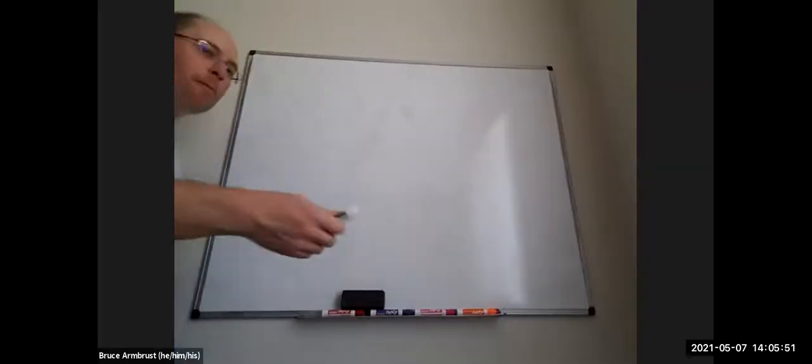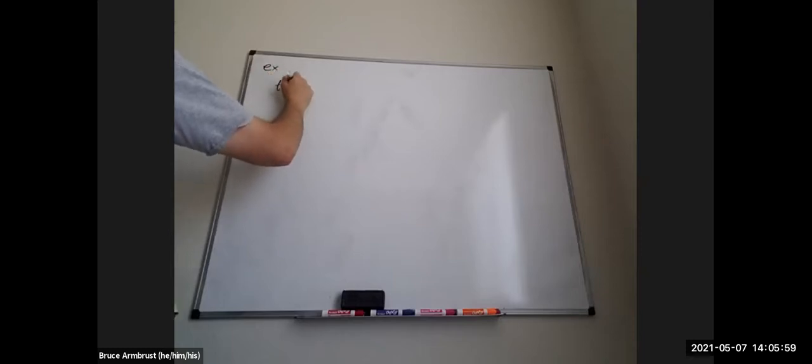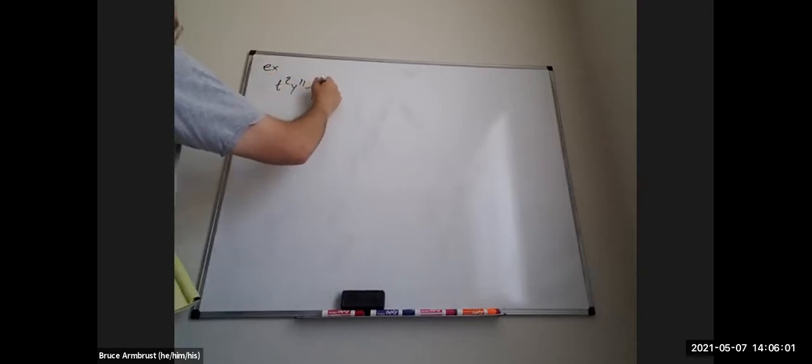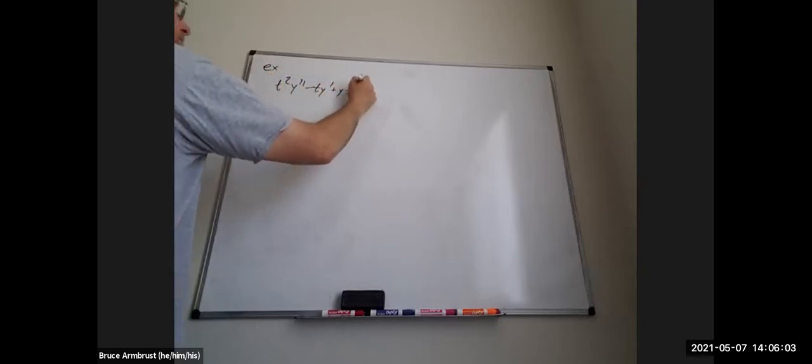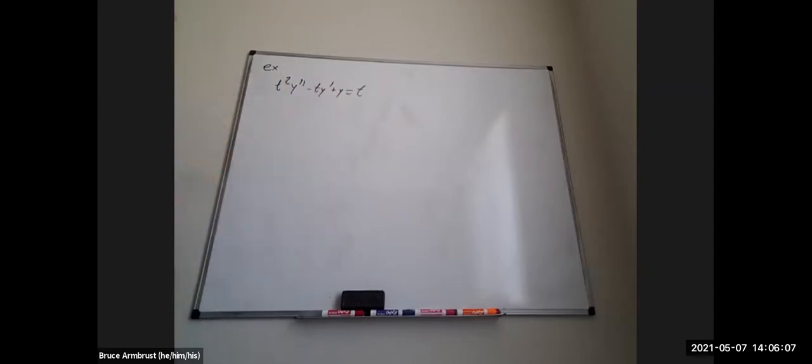Okay, so what if we had a differential equation like this? Let's just say it was t squared y double prime minus ty prime plus y equals t.